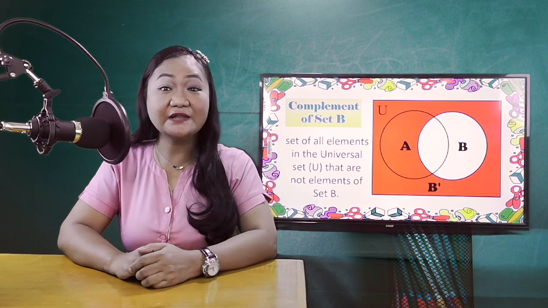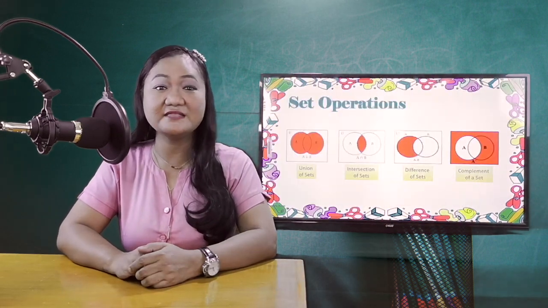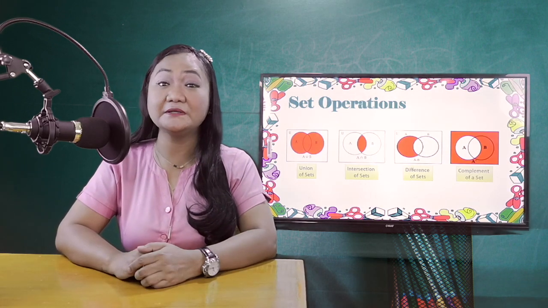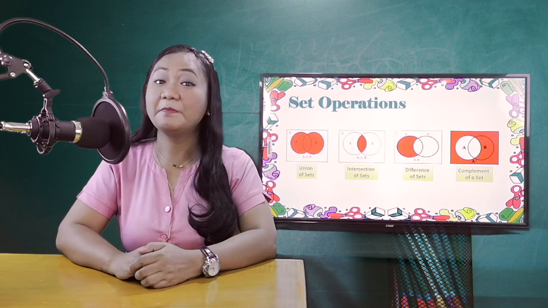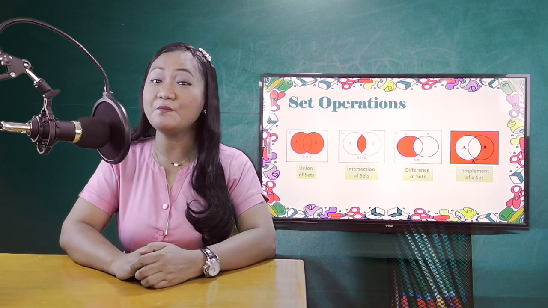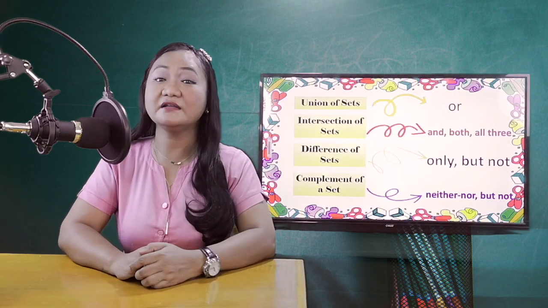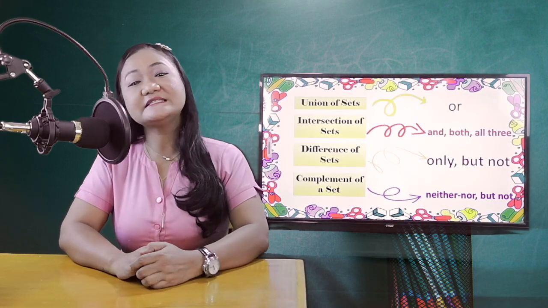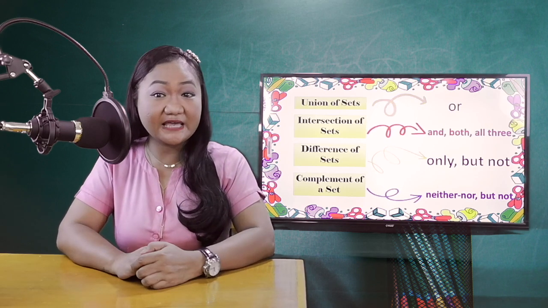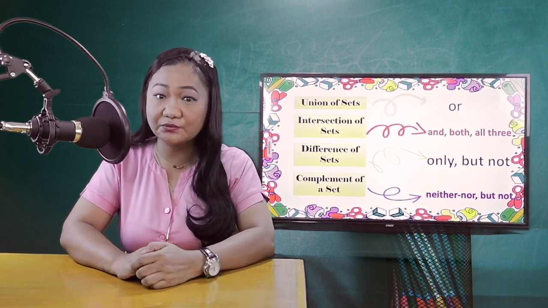Now, we are done with the set operations and their Venn diagrams. This time, we will be solving problems involving sets. But before we do that, let us be familiarized with some words or phrases that are used to represent set operations in word problems. In union of sets, the word "or" is used.